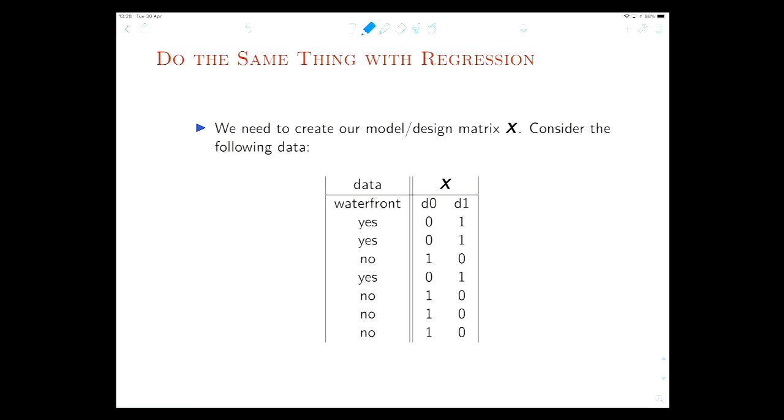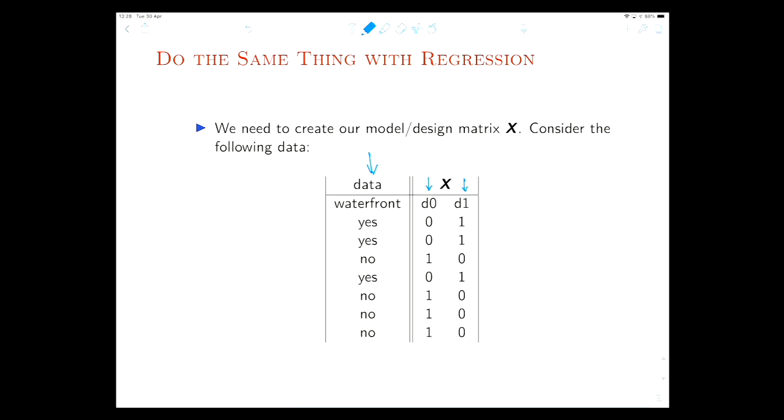Here's our actual variable, the waterfront variable. It's essentially got values of yes and no, 1 representing that there is a waterfront, and 0 representing that there is no waterfront. Now our design matrix, our X matrix, is going to have 2 variables.